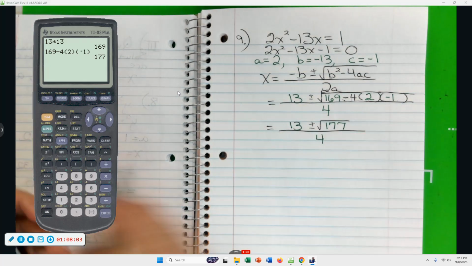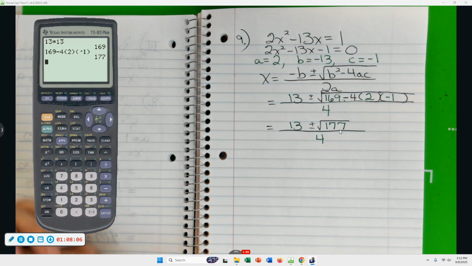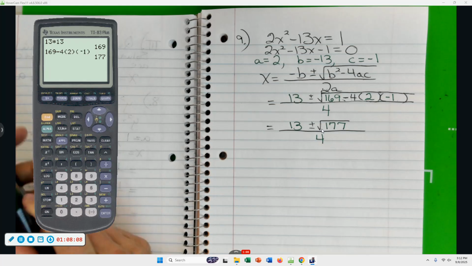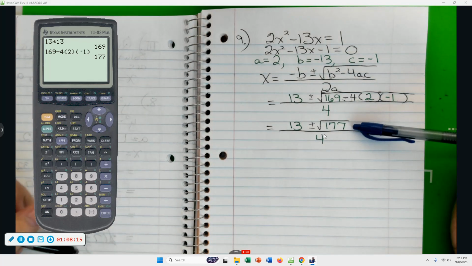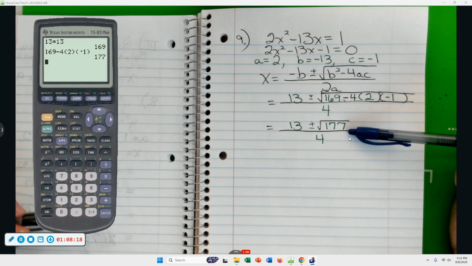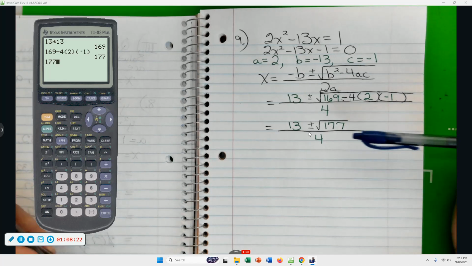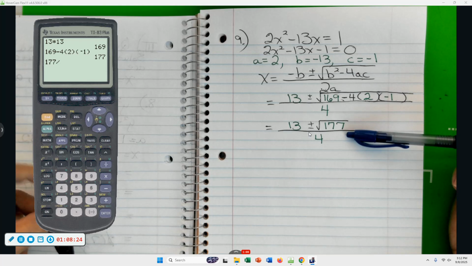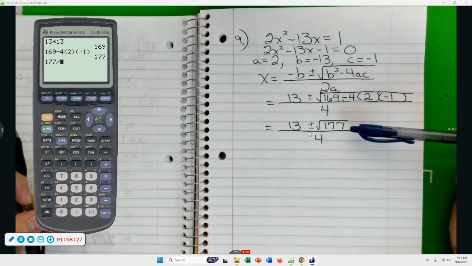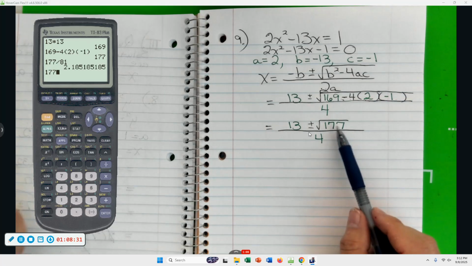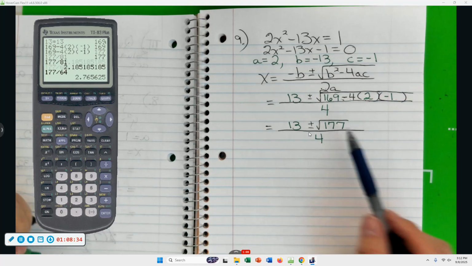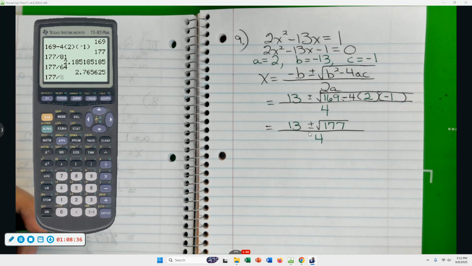You know something? What I've discovered throughout the years of using Pearson MyLab, if you wind up with some really odd, strange number popping up under a square root, odds favor it's not going to be reducible. 177 is definitely not a perfect square, but I don't believe there's a perfect square that divides evenly into it. 3 isn't a perfect square, but see what you get if you go 177 divided by 3.